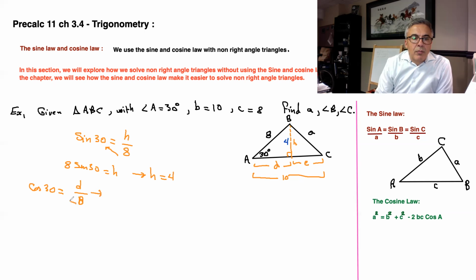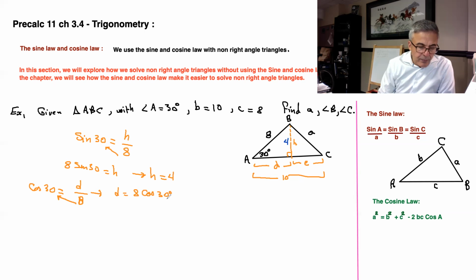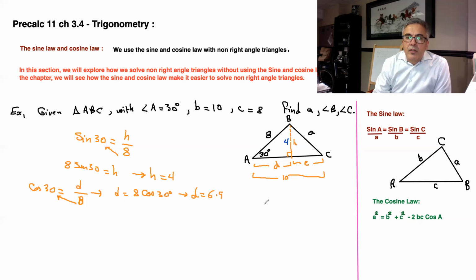Now just cross multiply the 8 into cos 30. So D would be 8 times cos 30 degrees. And if we do that in the calculator, D turns out to be 6.9. And everything I'm gonna find, I'm just gonna put there in blue so you know it's just a new finding. So 6.9.